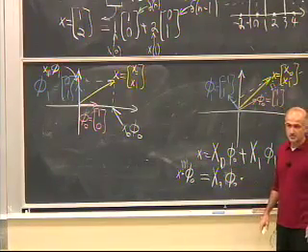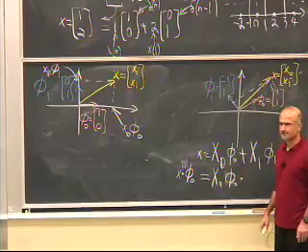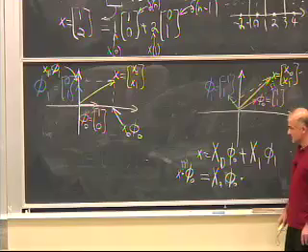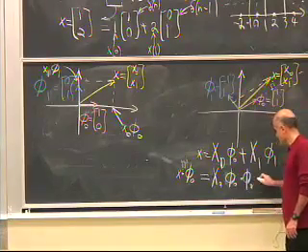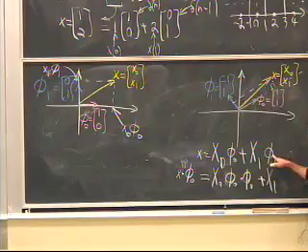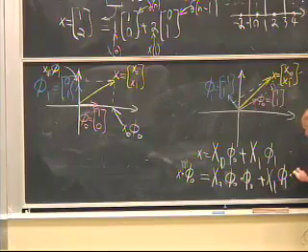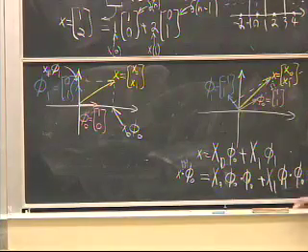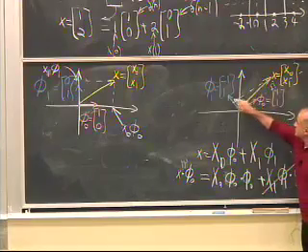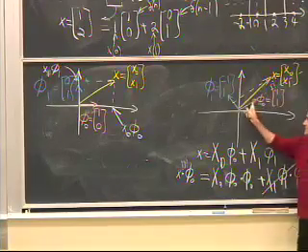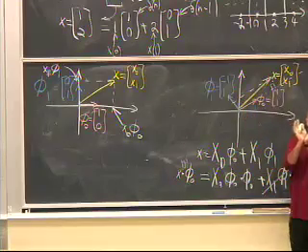Isn't that what you're telling me to do? Phi 0 dot phi 0 plus, that's a number, phi 1 dot phi 0. And what can you tell me about the second term? It's 0, because they're orthogonal. These two vectors, phi 0 and phi 1, are orthogonal to each other. So when I take the dot product, I get 0. And that's the wisdom of picking these two vectors to be perpendicular to each other.